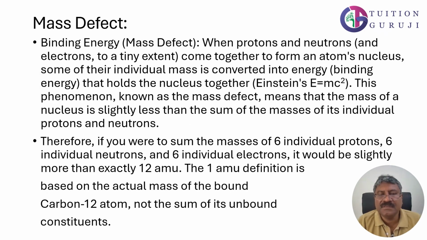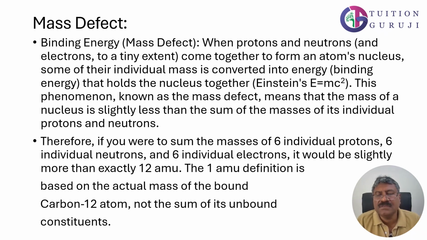Let us define what a mass defect is. When protons and neutrons, and electrons to a tiny extent, come together to form an atom's nucleus, some of the individual masses is converted into energy, which is called binding energy, that holds the nucleus together, as per Einstein's E is equal to mc square. This phenomenon, known as the mass defect, means that the mass of the nucleus is slightly less than the sum of the masses of its individual protons and neutrons.